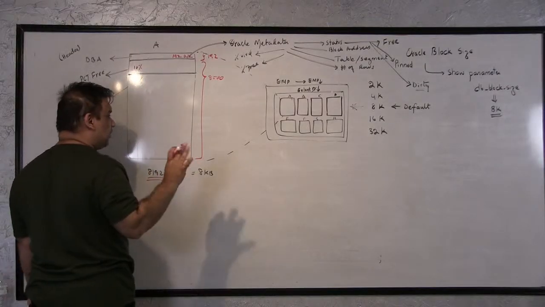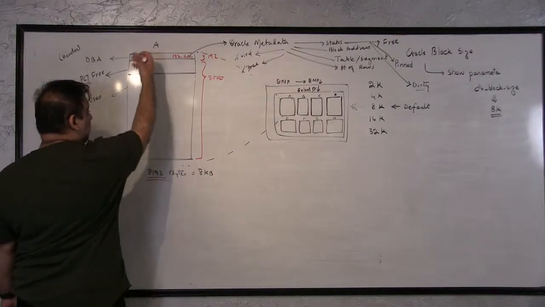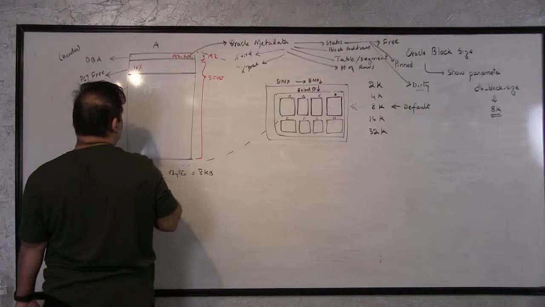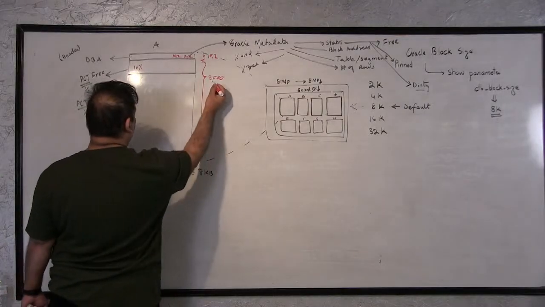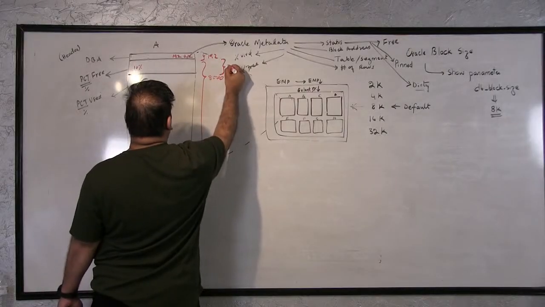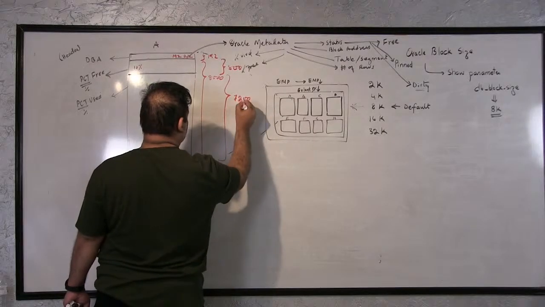This is the default structure: 10% and 90% of the remaining space after the block header. So 10% is 800, and then here we have 7200 bytes.